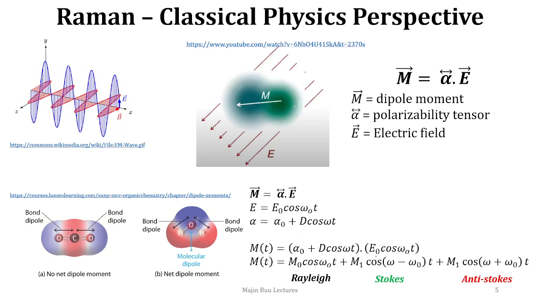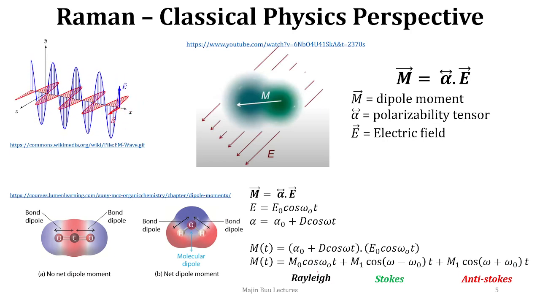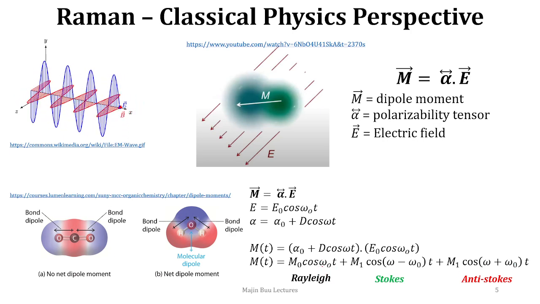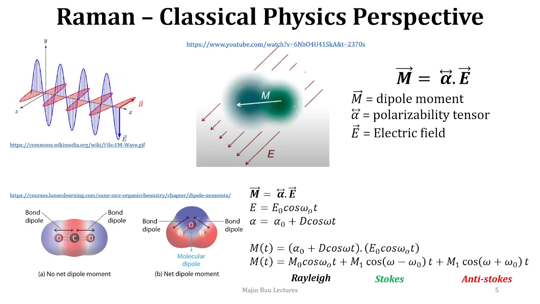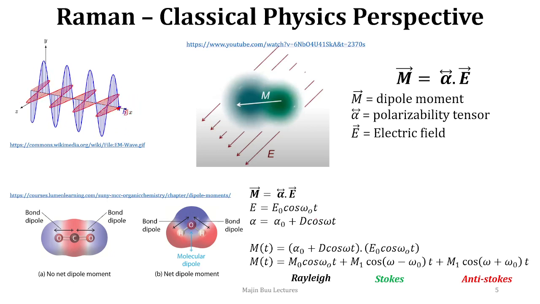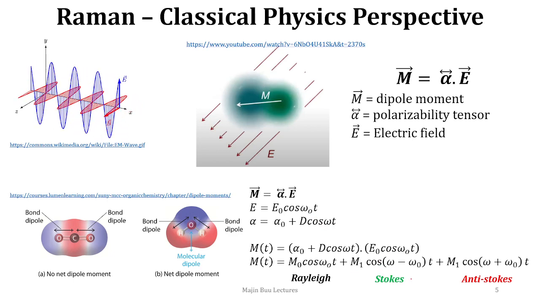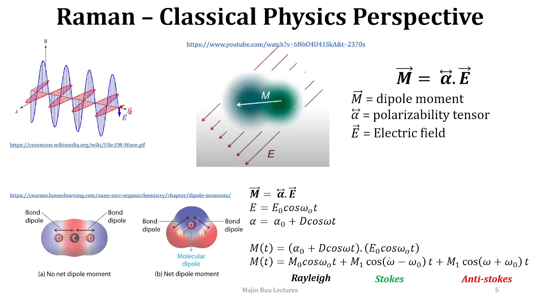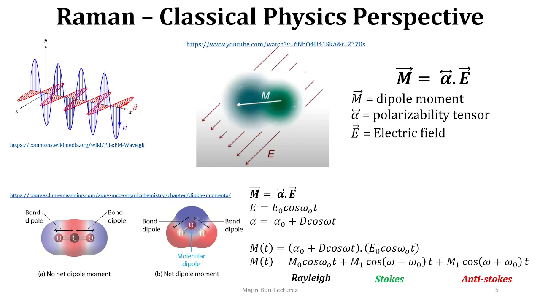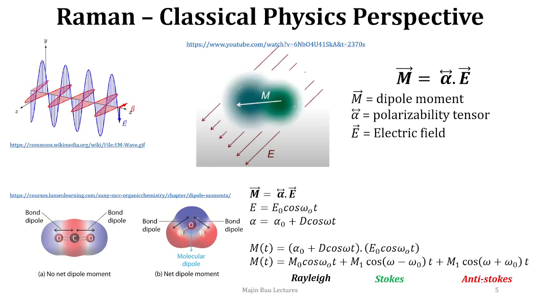So the product of these two terms is going to give three subsequent terms: one which possesses the same energy as the incident electromagnetic wave, the next might possess an energy that is lesser than the incident electromagnetic wave, and the other might possess an energy that is greater than the electromagnetic wave.